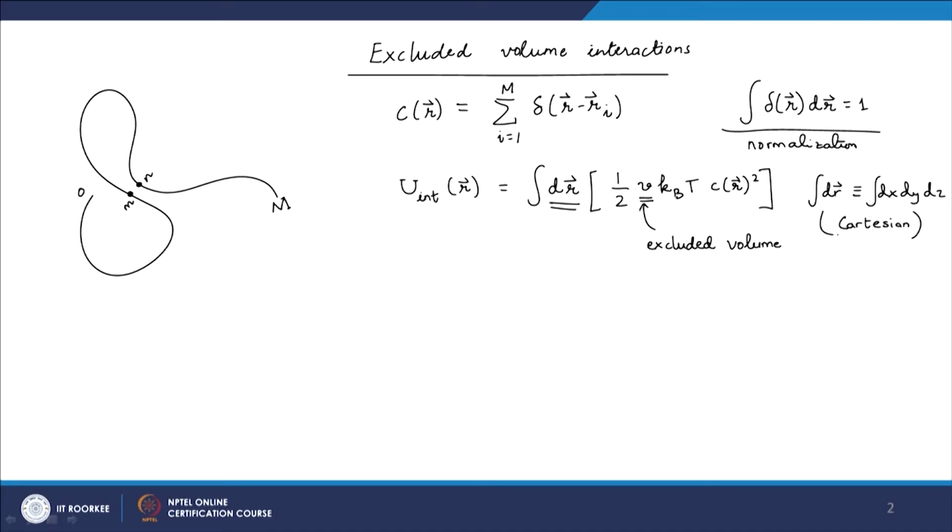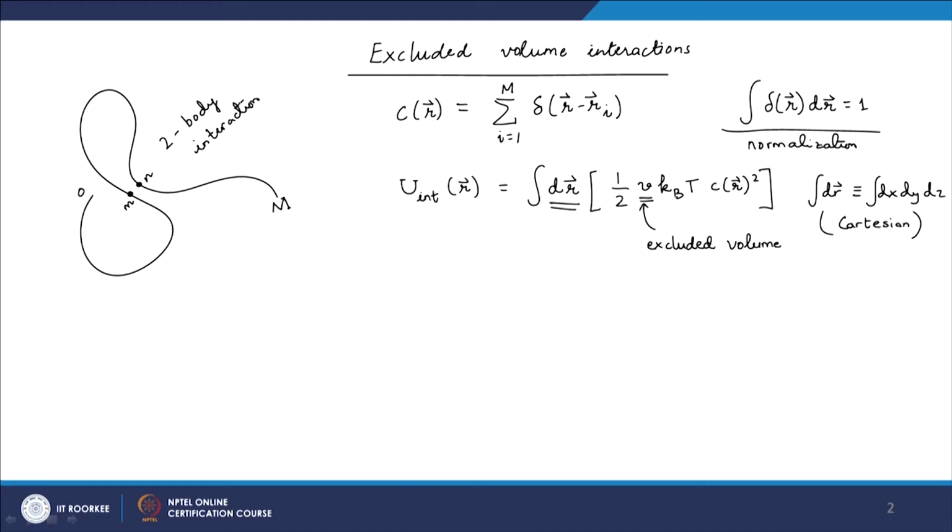Okay. So, now this particular interaction that we have discussed is basically what is referred to as a two-body interaction. That is, we look at pairs of segments which can be nearby or at the same position if I approximate the interactions by a delta function.